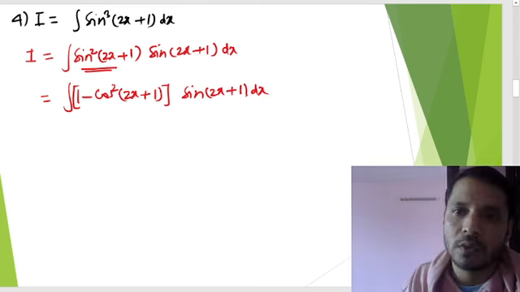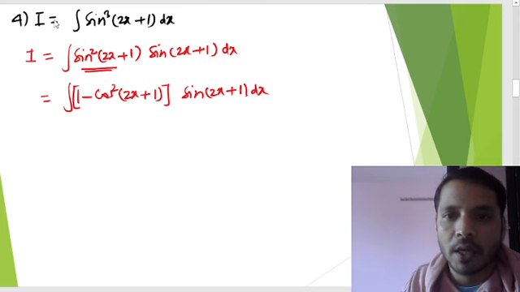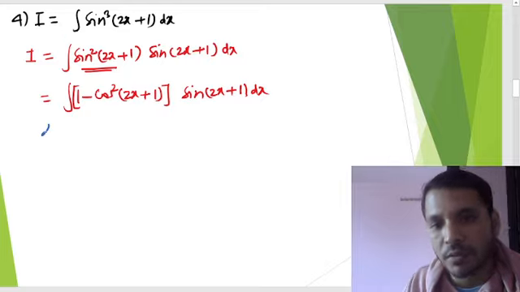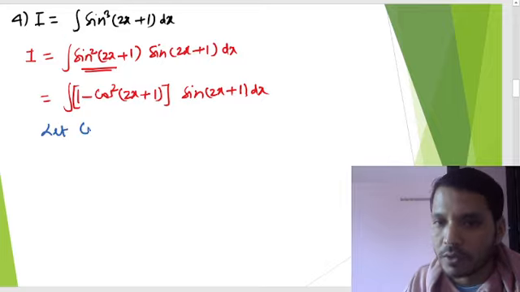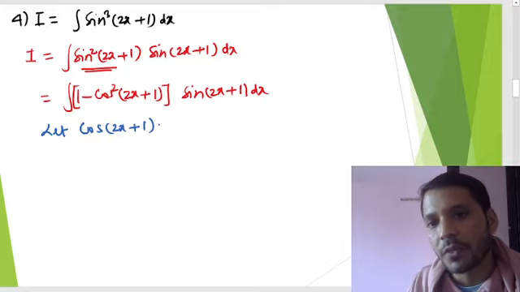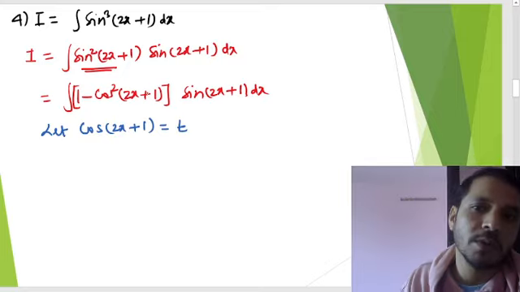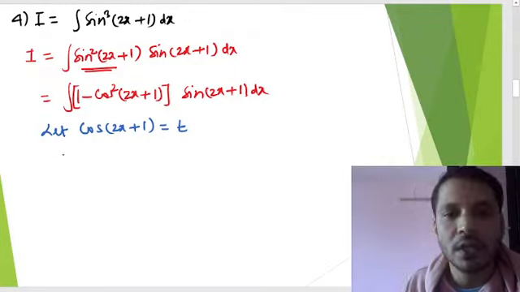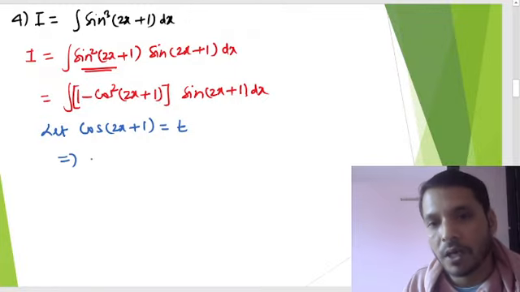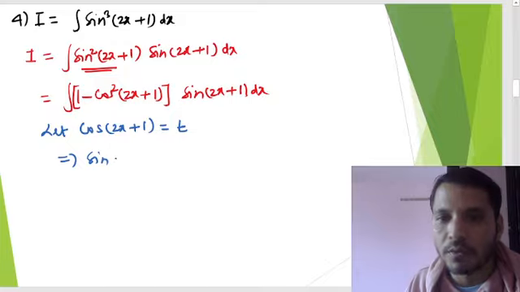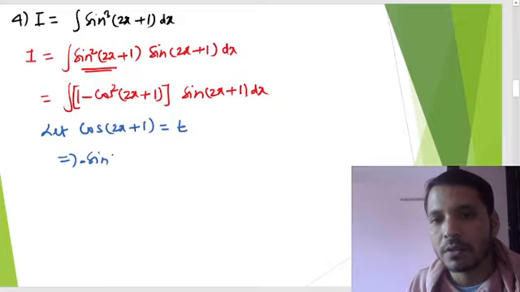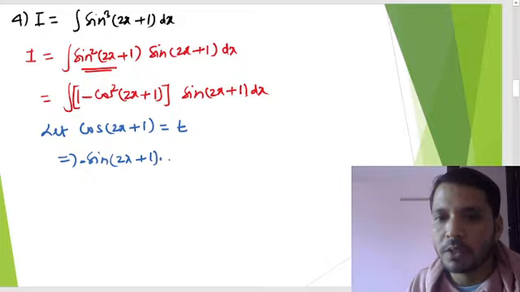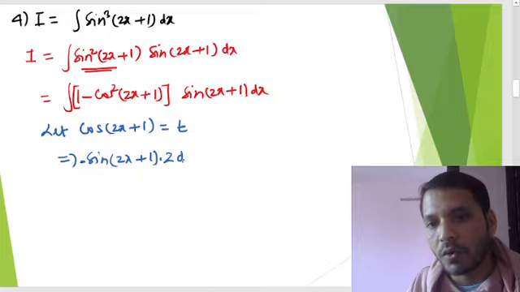Now here this is our sine square 2x plus 1 value and this sine 2x plus 1 into dx will be as it is. Now what we can do here, we can apply the substitution method. So let cos of 2x plus 1 be equal to t. Now differentiate both sides with respect to x, it will become minus sine 2x plus 1, and by the chain rule into 2 into dx is equal to dt.